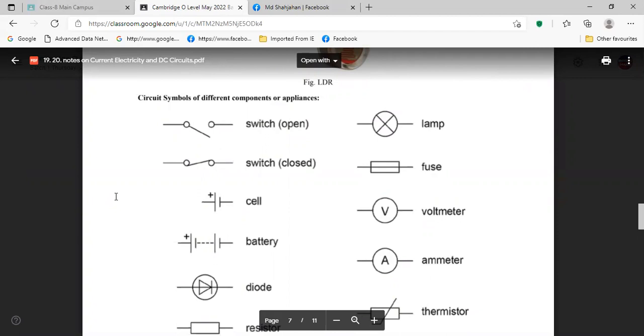Topic 17, 18, 19, 20. So it is 20, right? Topic 20, DC circuits.